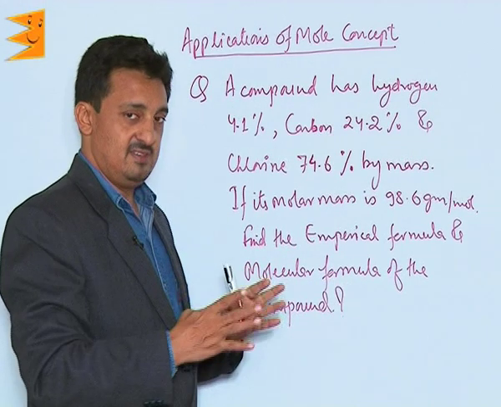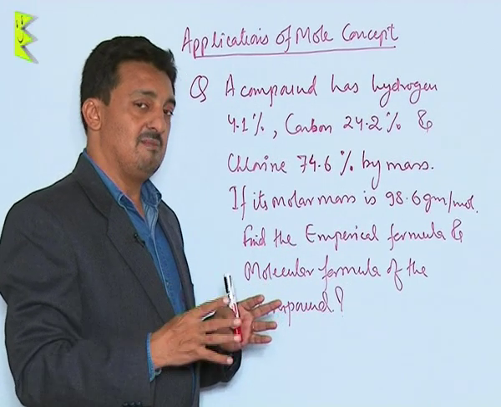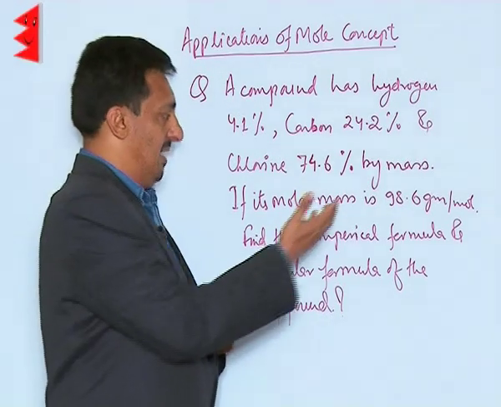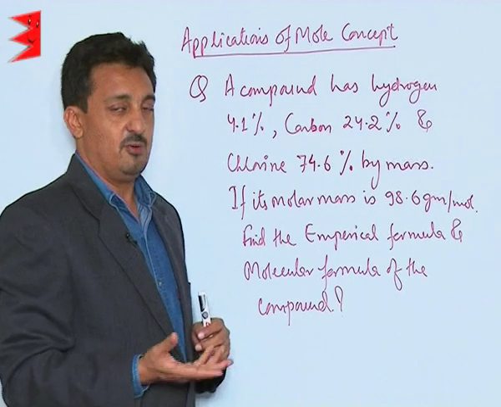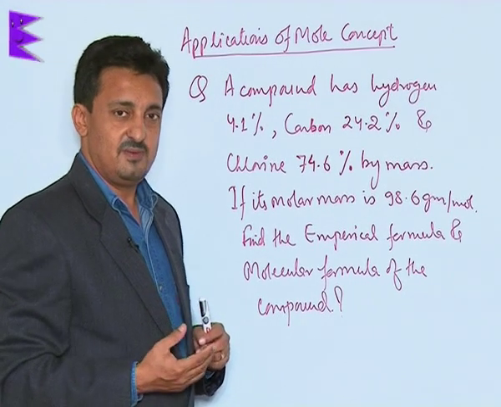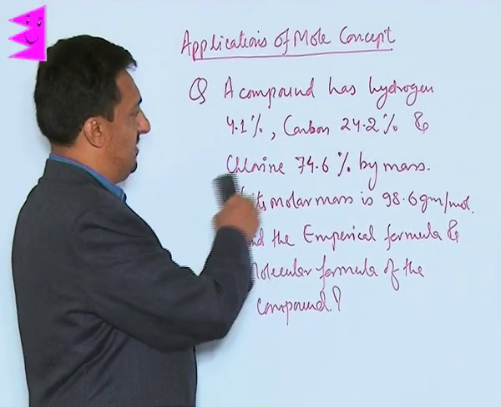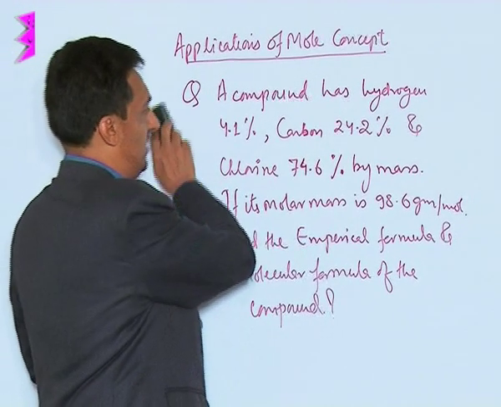So we are given the elements present in the compound in terms of their percentage composition. Molar mass is given to us and we have to find both the empirical and the molecular formulas. Now how is this numerical to be done? Let us see this. You must remember these percentages because I have to rub this out.